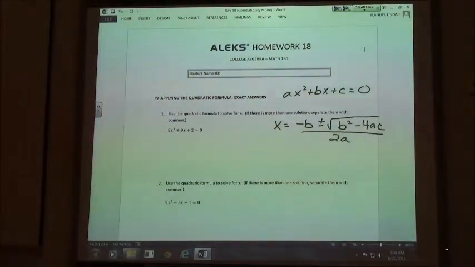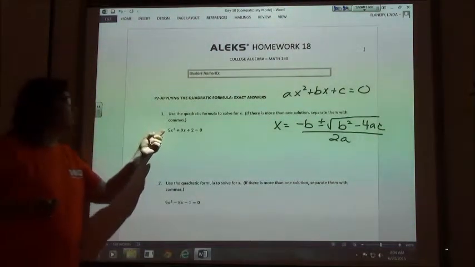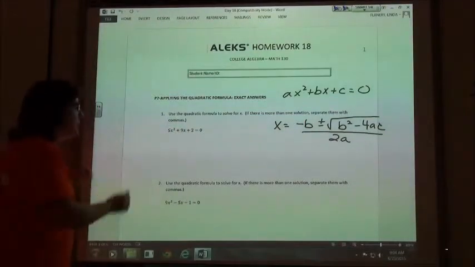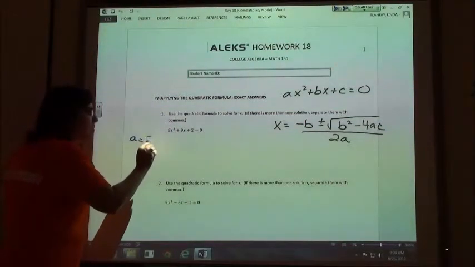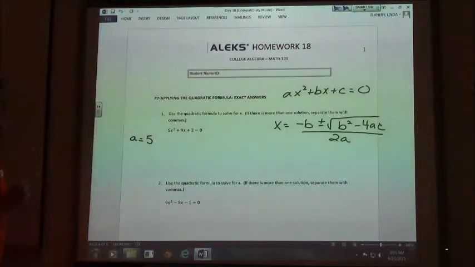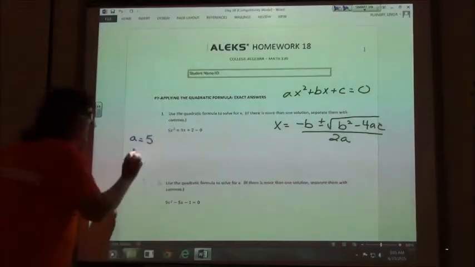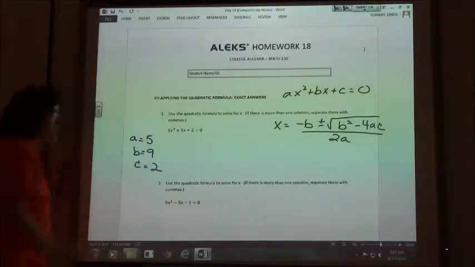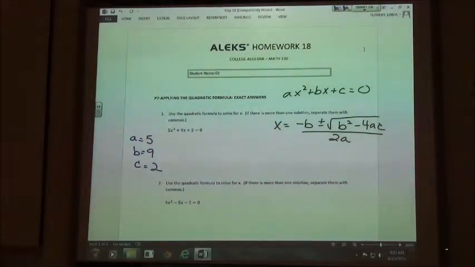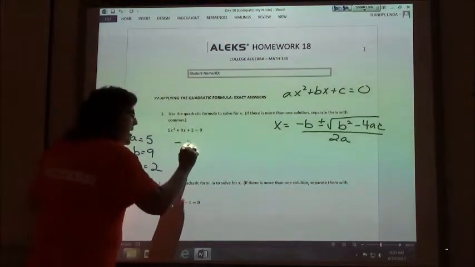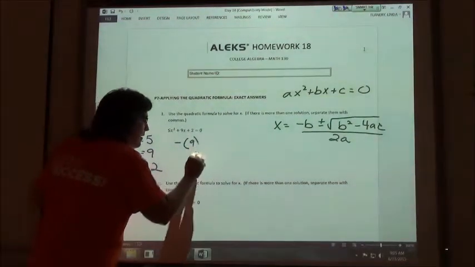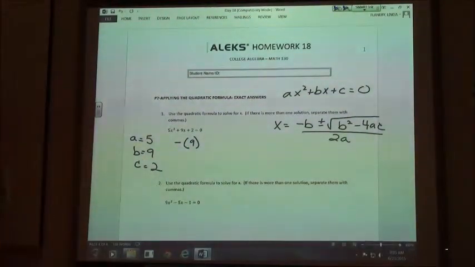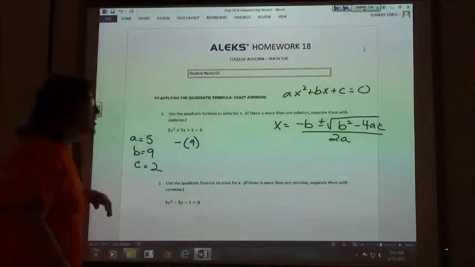So, if I look at my quadratic equation and I have 5x squared plus 9x plus 2, the a value is the 5, which is the coefficient of my x squared, the b value is the 9, and the c value is the 2. So plugging into my quadratic equation, I have minus the b value, which is 9. I'm going to put it in parentheses just because it looks good.